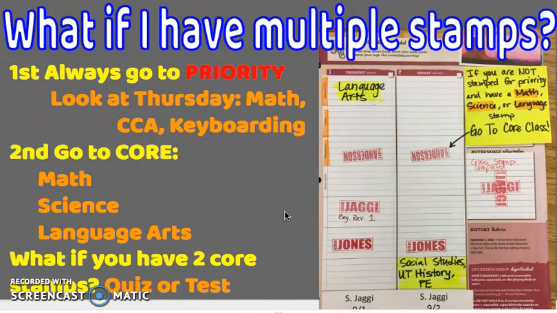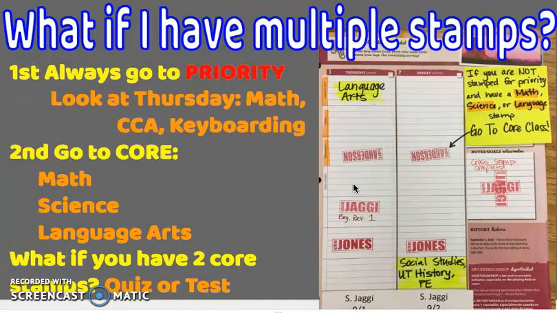So basically, students, if you haven't been stamped for priority and you haven't been stamped for a core class, then you're going to choose which of these three you believe as a student is most important for you to attend on that particular day. Okay? This is where you get to use your own individual responsibility to make a good decision.